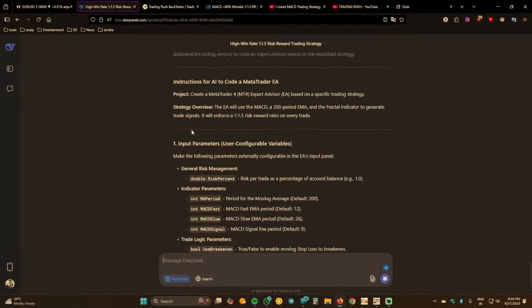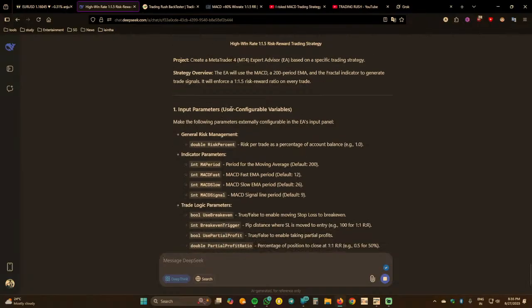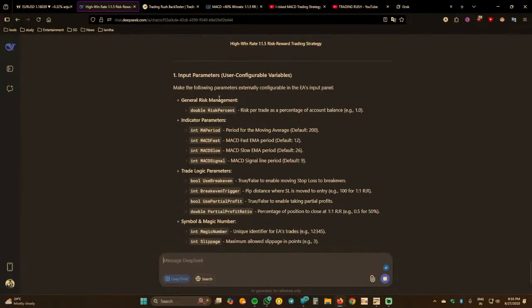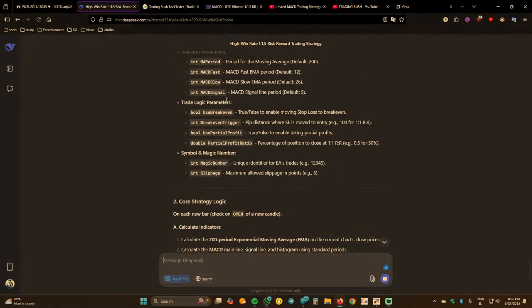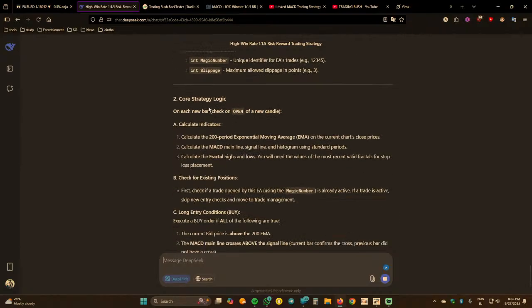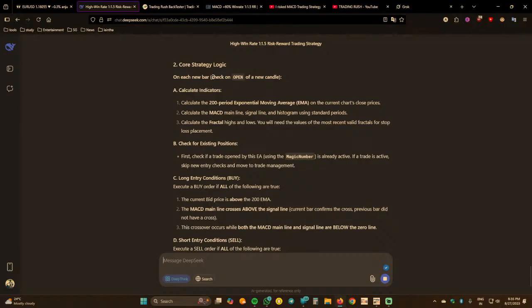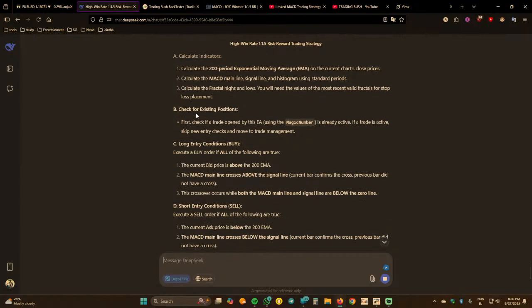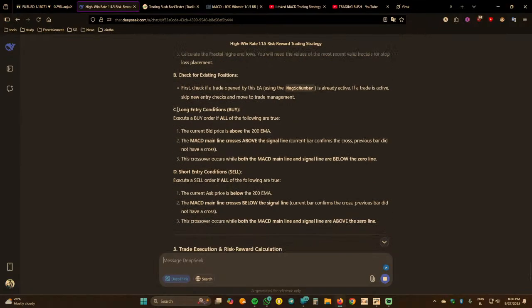Let's check if it's giving me a proper thing. Input parameter, user configurable: risk percentage, MA, MACD fast, MACD slow. Okay. Core strategy logic on new candle. Okay, calculate this. Check for existing position.